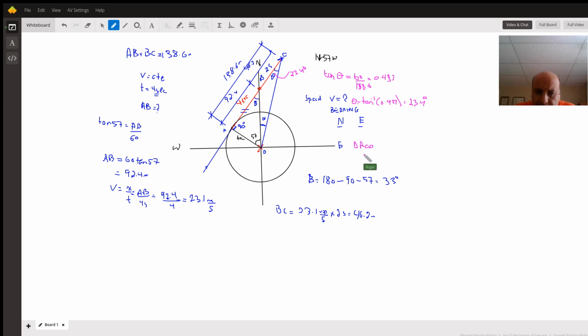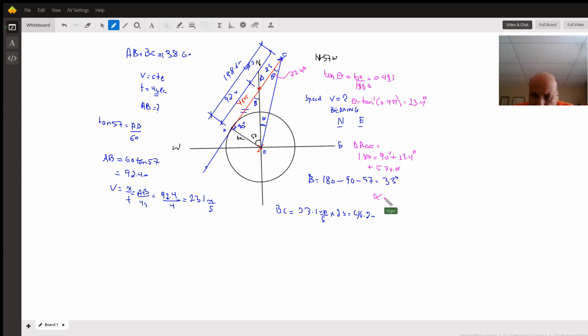So 180 is equal to the 90-degree angle at A plus the 23.4 degree angle at C plus this angle, which is 57 plus alpha. And all we have to do is solve for alpha.